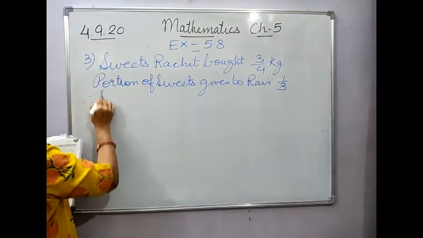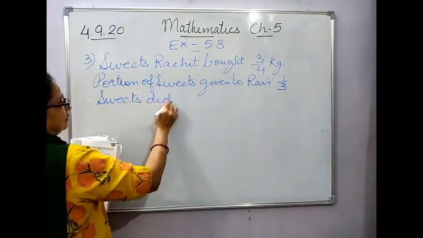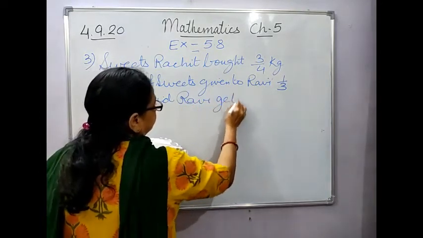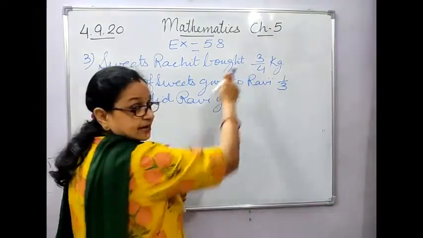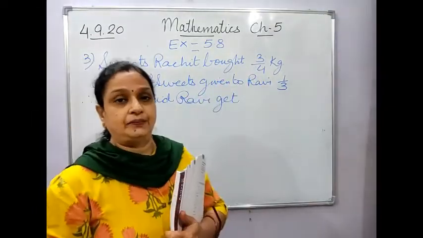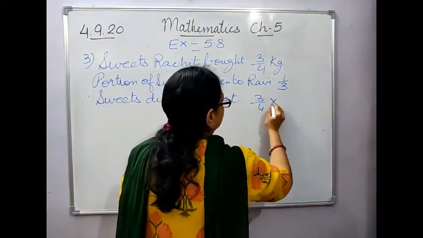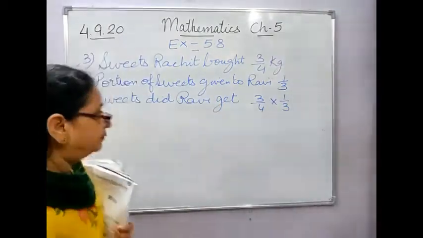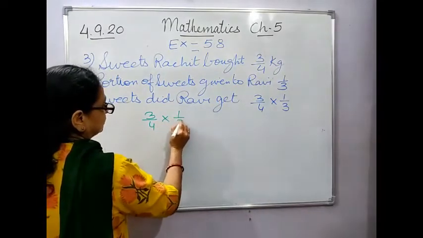Therefore, sweets did Ravi get. Now he has taken 1/3 of this. That means you have to multiply. So it will be 3/4 into 1 upon 3.